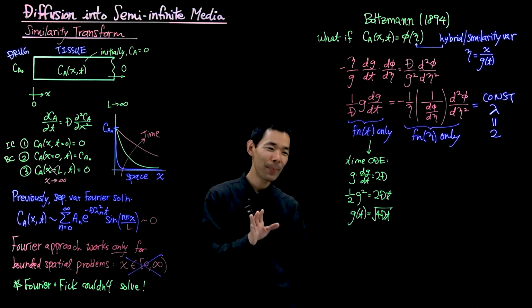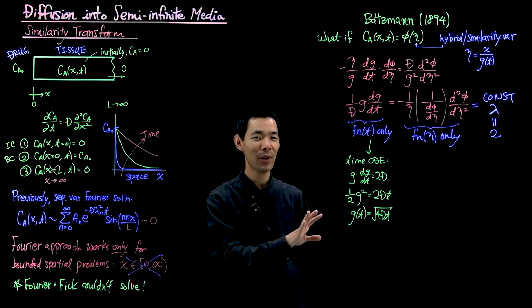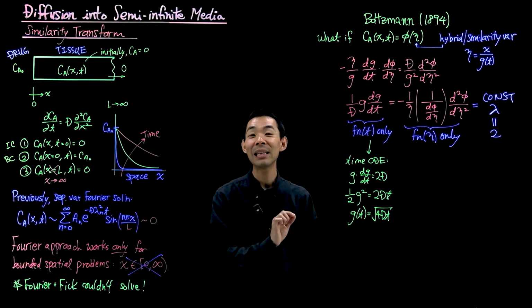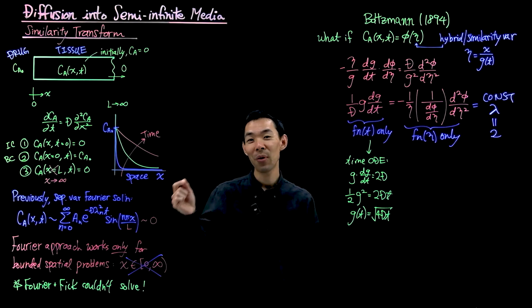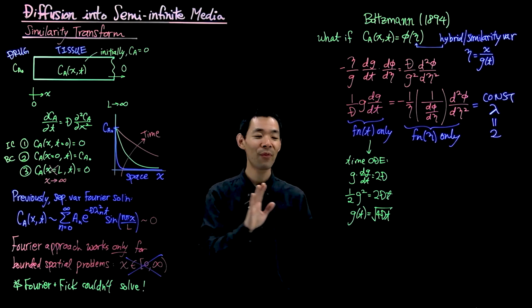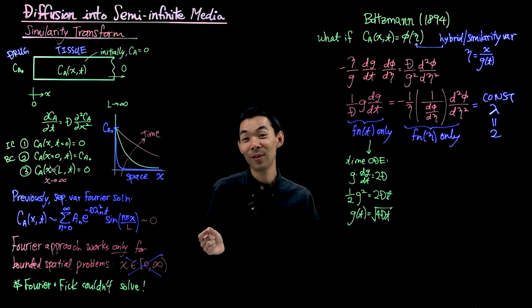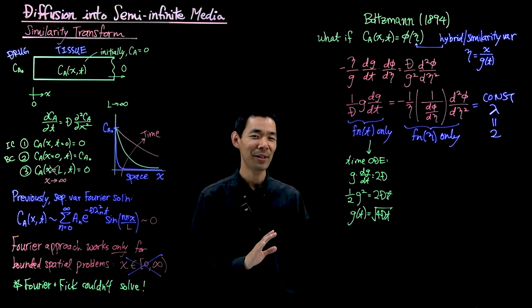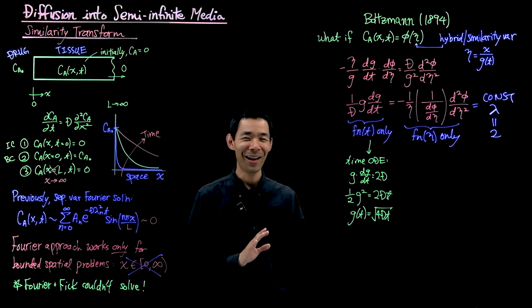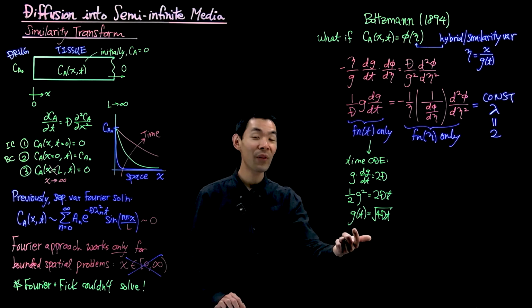Some of you might be wondering, but what about the constant of integration? It turns out that constant of integration ends up needing to be 0 for reasons that we'll explain a little bit later when we start applying the boundary conditions. But for now, just think of it as that constant will just later get absorbed into something else. So we don't need to worry about that so much for now. All right. So if this is true, we now know what the function of time is.